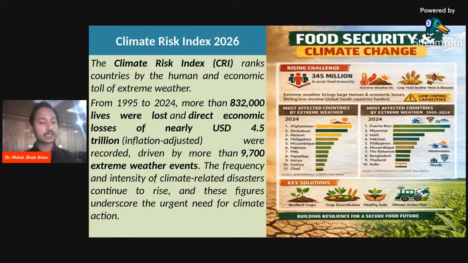The frequency and intensity of climate-related disasters continue to rise, and these figures underscore the urgent need for climate action. The solutions to mitigate these impacts are also given by the Climate Risk Index: resilient crop diversification, healthy soil, and climate action plans.